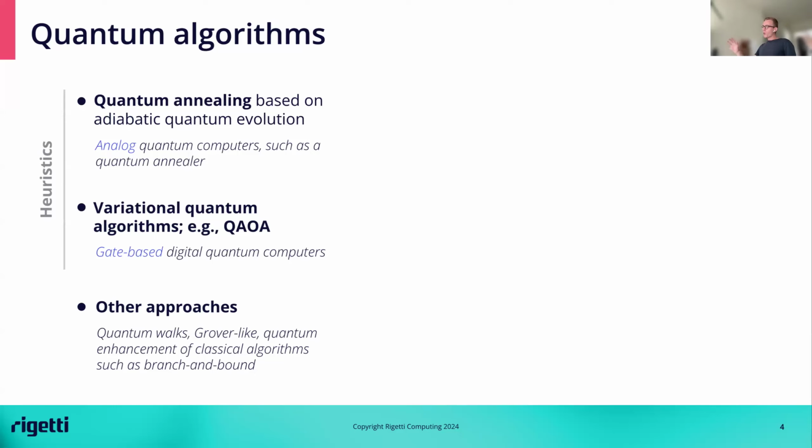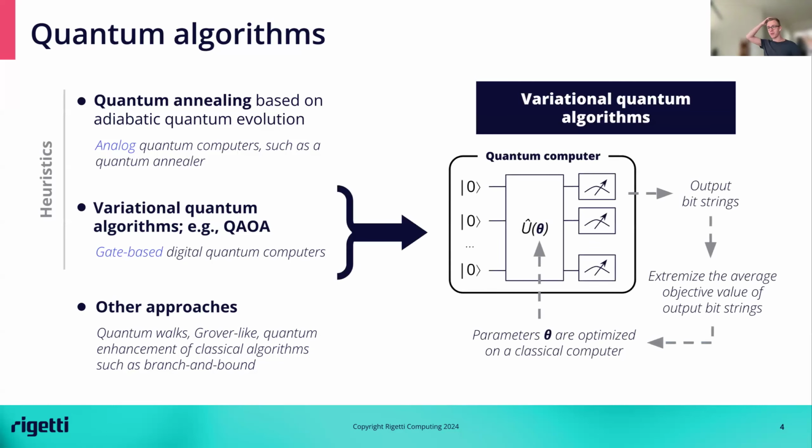So quantum annealing, again, doesn't need much of an introduction. So let me briefly introduce the idea behind variational algorithms instead, because we'll use those in the following. The idea is to have quantum circuits parameterized with angles theta. And now the goal is to find or optimize those angles such that the output of the quantum computer does the job we want.